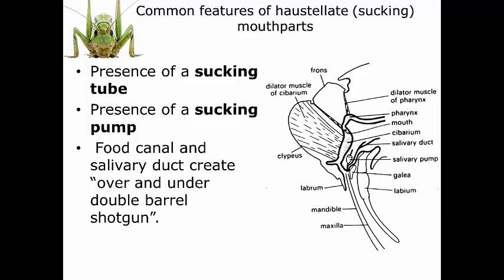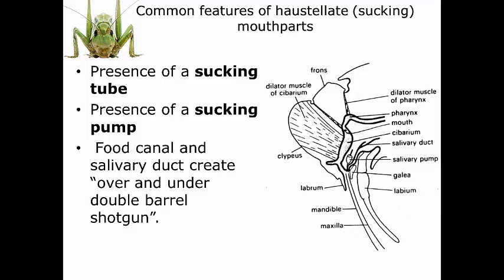Now, how the sucking pump is formed varies among groups, but it often results in a large muscle in the head capsule. So you'll see large muscles up in this head area here, maybe back here near that pharyngeal region. You have these larger muscles to allow for this negative pressure formation.